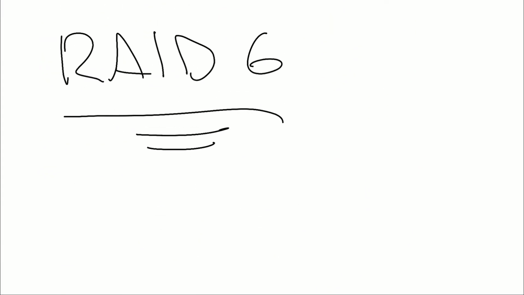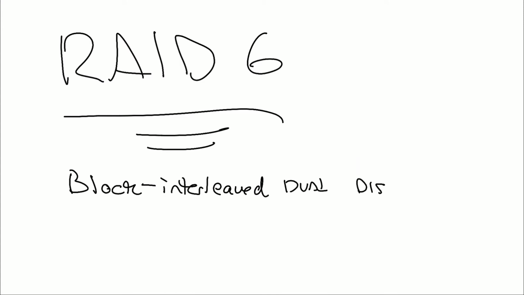RAID 6 is going to be the same thing, but dual: block interleaved dual distributed parity. That one requires n+2. So you're going to need one extra drive compared to the other scenarios, ignoring level 0, or sorry, level 1 and level 2, which are the mirror and Hamming code.